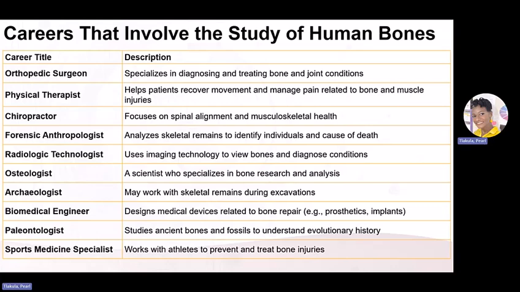We also have what we call chiropractor, which focuses on spinal alignment and musculoskeletal health. We also have forensic anthropologist, which analyzes skeletal remains to identify individuals and the cause of death.